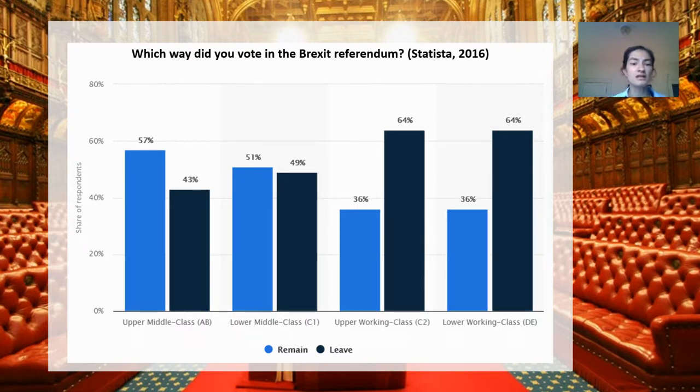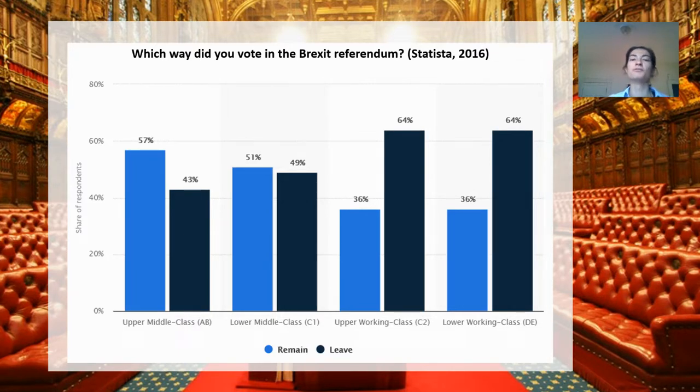Here you can see that middle class people tend to be voting to remain a little bit more strongly, whereas there's a pretty strong majority among working class voters in the UK in favor of leaving the European Union. We can talk a little bit later about why that might be. In particular, one of the major arguments for Brexit was that the freedom of movement required for EU membership was putting working class Britons out of jobs.